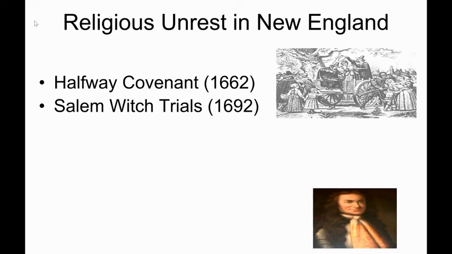What's interesting about this is that several years later, most of the accusers in the Salem witch trials admitted that they had totally made it up. So it was kind of a big scam. But what's important for us to know is that the Salem witch trials show us the Puritans had a social order, and anybody that went against it was cast out as different and as a social outcast. And that's what happened to many of these women that got charged as witches.